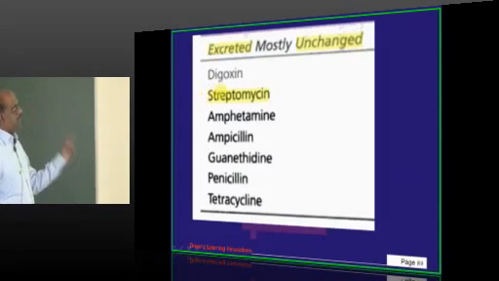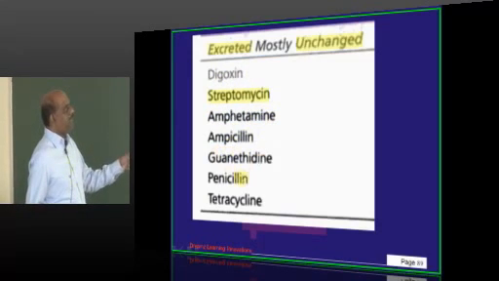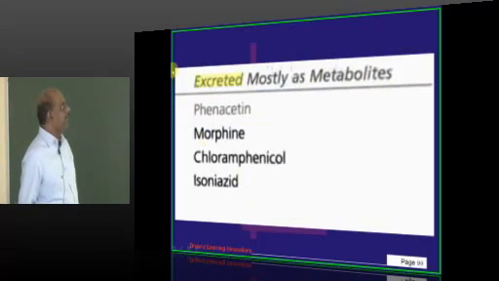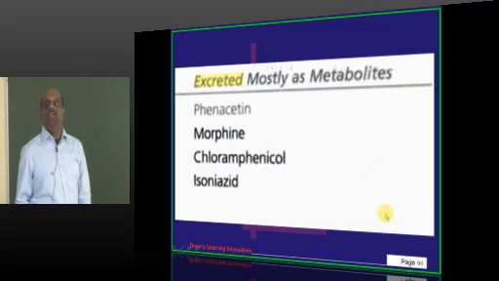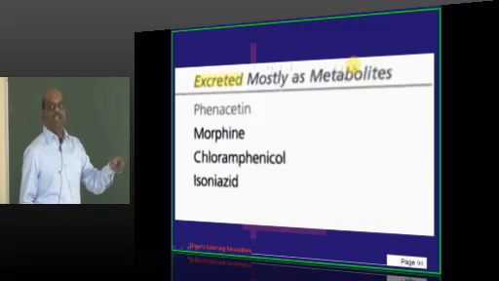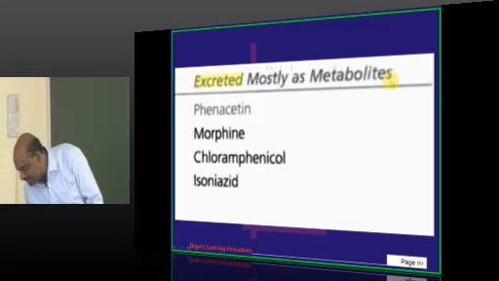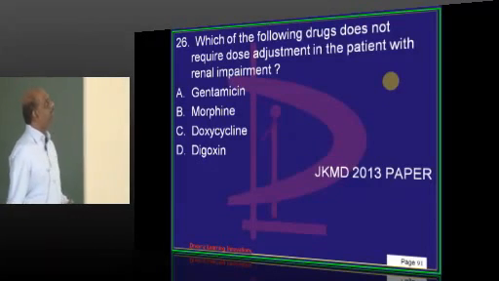Streptomycin, don't forget, digoxin, streptomycin, amphetamine, ampicillin, penicillin, tetracycline are mostly excreted unchanged. Phenacetin, morphine, chloramphenicol, isoniazid become changed and their metabolites are the ones which are excreted, is what you need to remember.